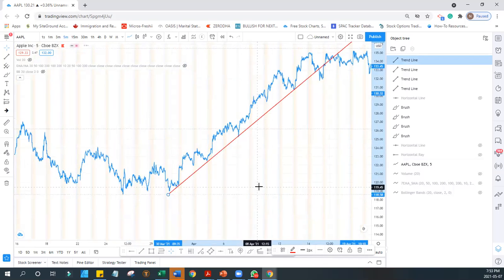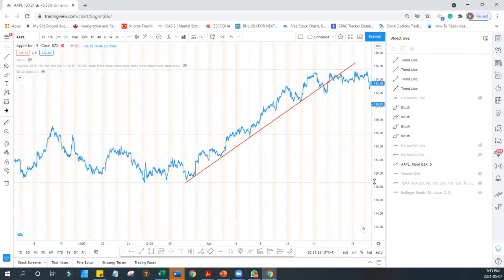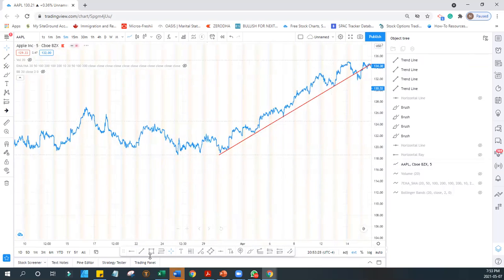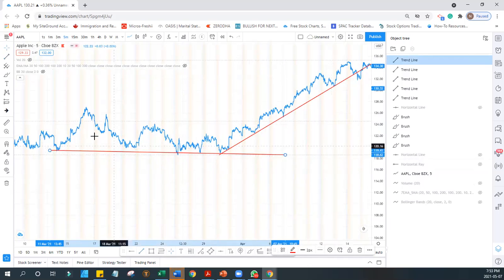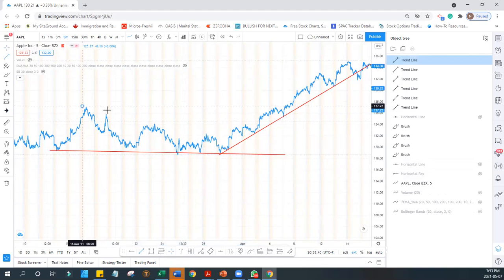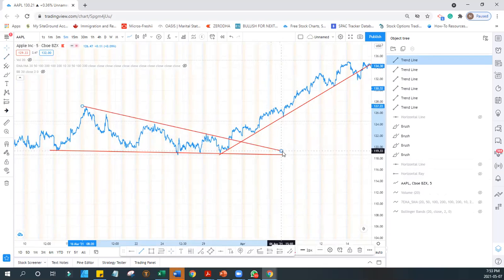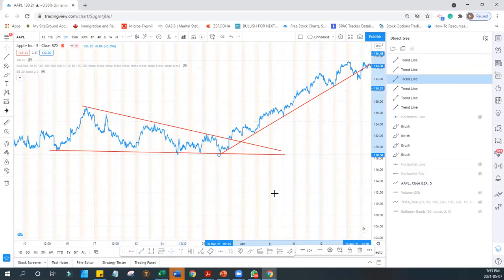Now, in the same way, let's see here. Can I draw the line here and say this is the support? Kinda, support. And at the same time, can I say this was the resistance? I'm going to make this line a green line if I can change it.